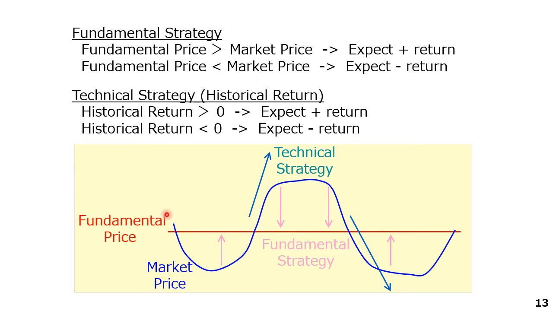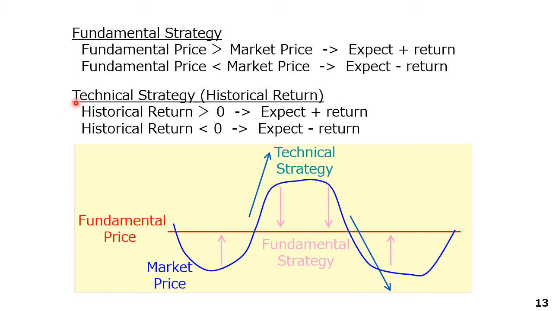The red line is the fundamental price, the blue line is the market price, and when the market price is lower than the fundamental price, the agent expects a positive return as it converges to the fundamental price. On the other hand, when the market price is higher than the fundamental price, the agent expects convergence to the fundamental price, so expects a negative return.